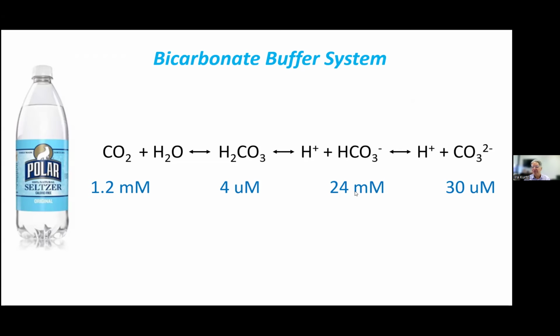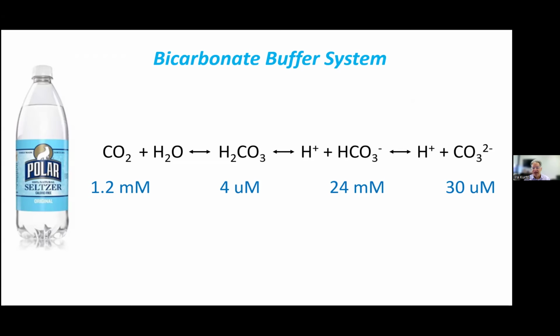The most prevalent by far is bicarbonate. It's around 24 millimolar. The next biggest is dissolved carbon dioxide, which is 1.2 millimolar. This, as I'll show, can be calculated by taking 0.03, which is called the solubility coefficient of carbon dioxide, and multiplying that by the partial pressure of carbon dioxide. Let's say it's 40 millimeters of mercury in the units we use clinically.